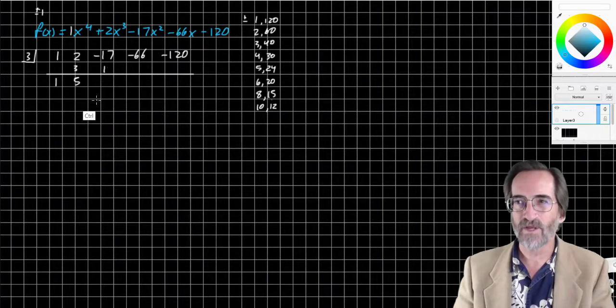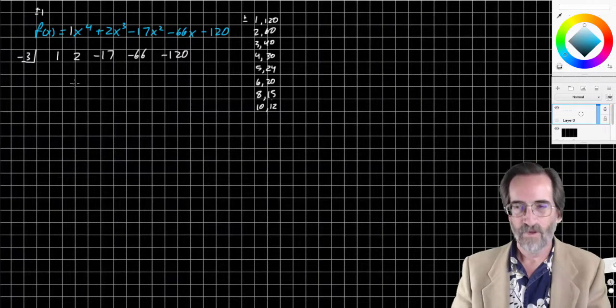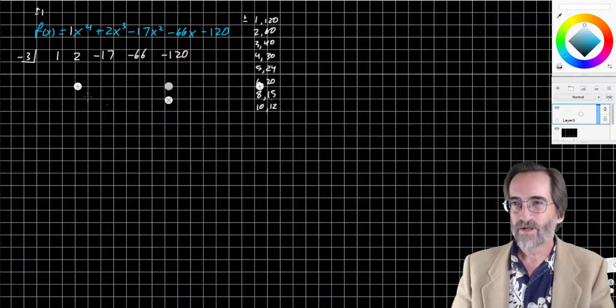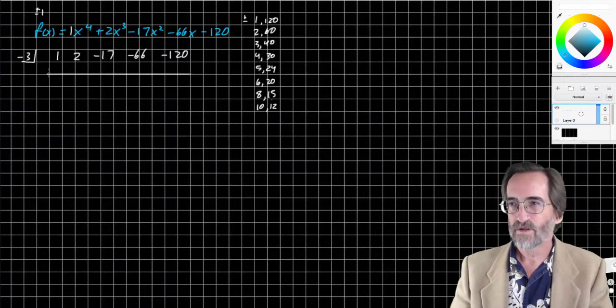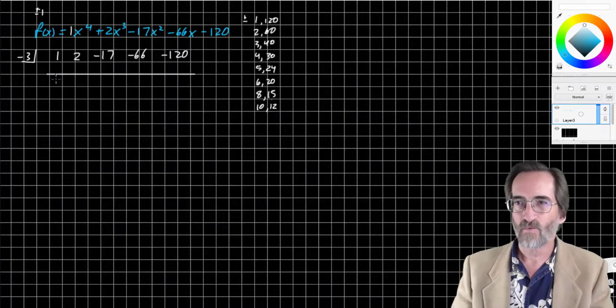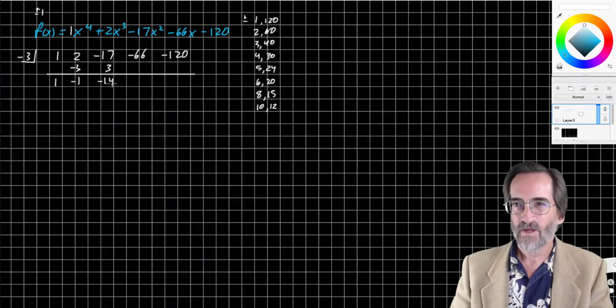But don't forget, the positive root is different from the negative. So let's try negative 3. Okay, so 1, negative 3, negative 1, negative is positive 3. Okay, negative 14, positive 30, 42.